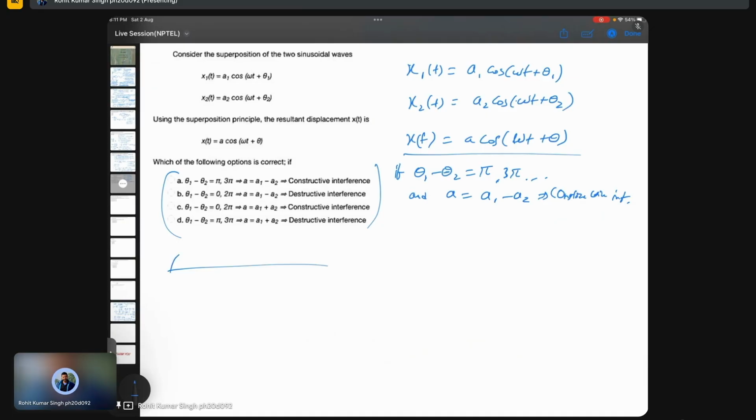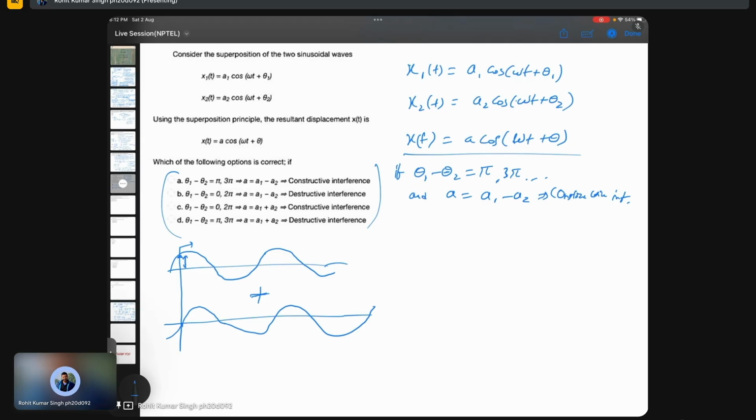Like I mentioned in the beginning, if you have two waves, something like this, and when you add them up, if their phase is shifted, what will happen is, at a particular point, let's say here, this wave has this much height, and this one is 0, right?